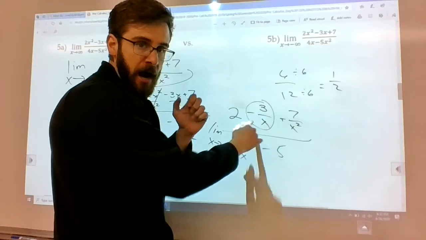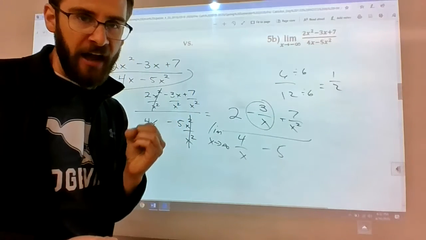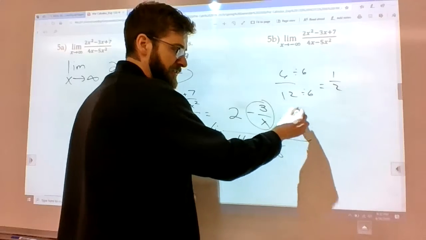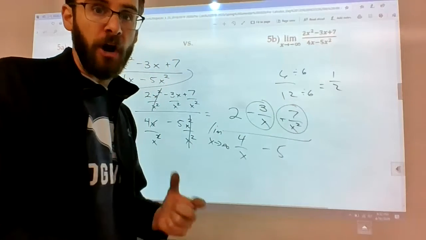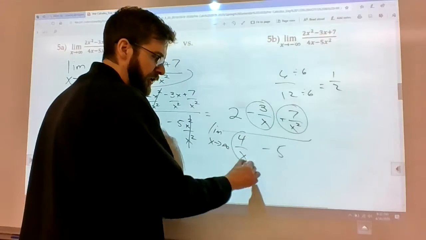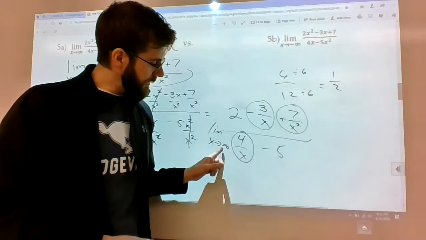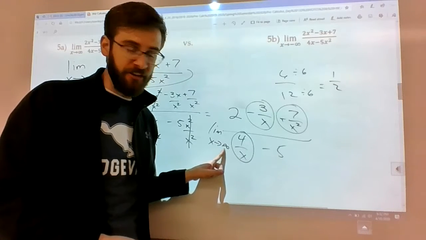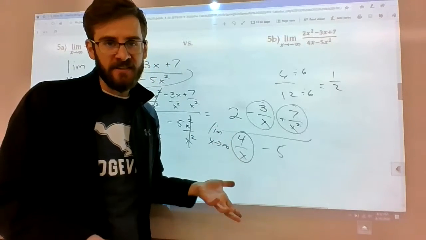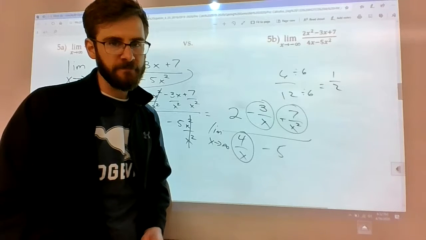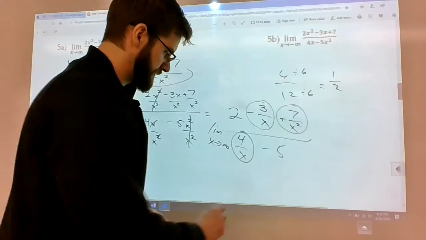The infinity on the bottom basically dries all the value of the top up. Just like this, I mean, it's infinity squared, so it's drying up that more quickly. And then this also makes it 0. Limit as x approaches infinity of constant values remains the same. So you're left with 2 over negative 5.